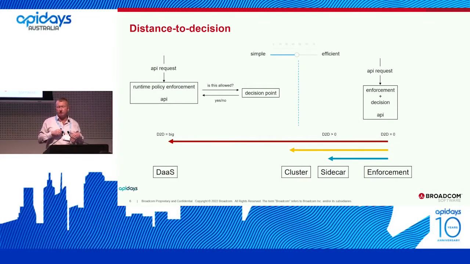If you've got the luxury of the left-hand side, then you send it out to some external service. If you don't have that luxury, then you look at the options on the right-hand side: the enforcement point, the sidecar, or the cluster-wide property. So it's a balancing act, and most likely you're going to have to deal with combinations of these. You're not going to be able to get away with just one of these by itself.